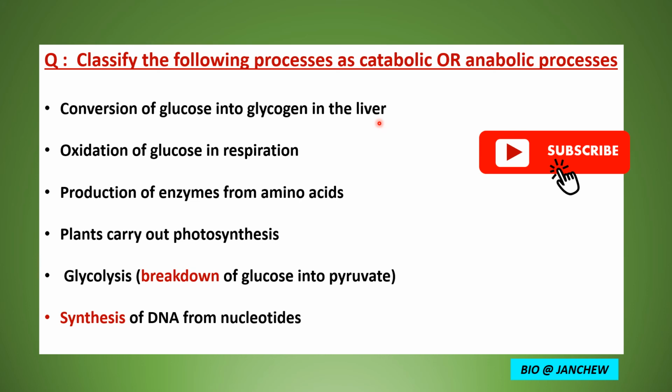To begin with, let us find out which is the complex molecule, and which is the simpler molecule here. Now, which is the complex molecule? Yes, it's glycogen, which is a food storage compound in the liver. And glucose is the simpler molecule. So now you're converting glucose into glycogen, from simple to complex compound. So what is it? Is it catabolic or anabolic process? So use your memory tip here, right?